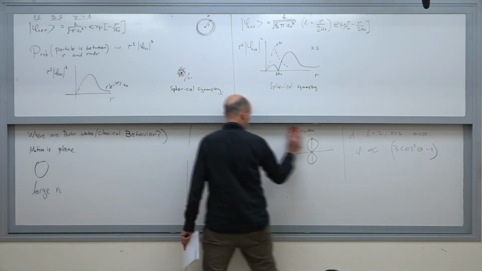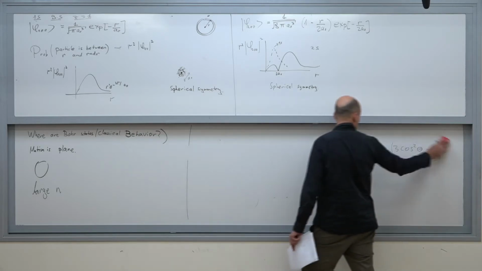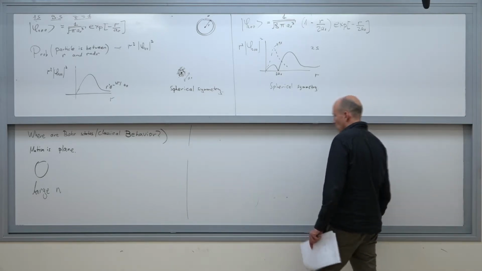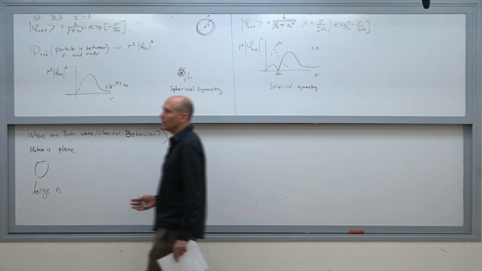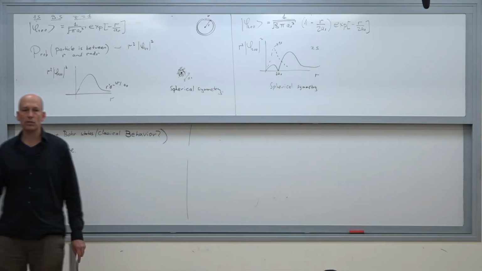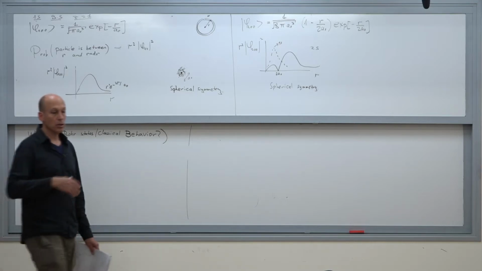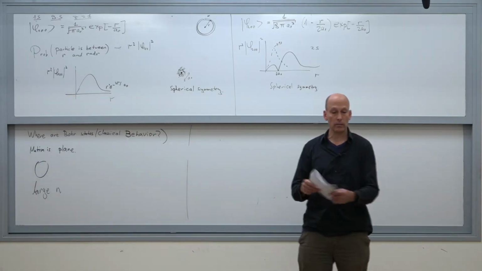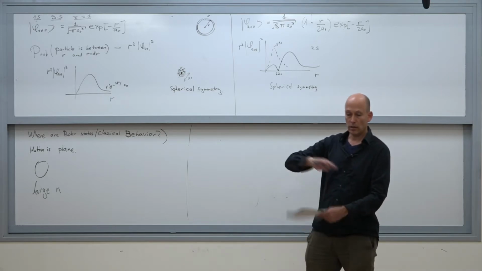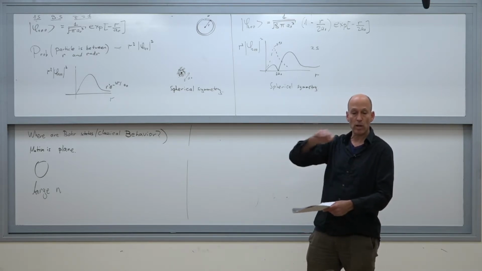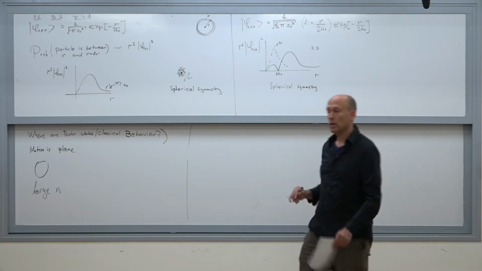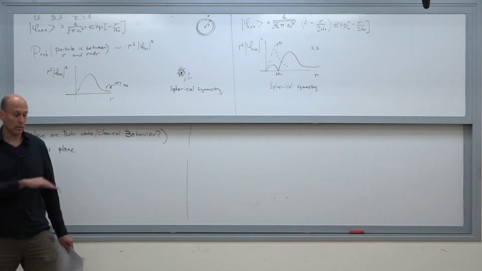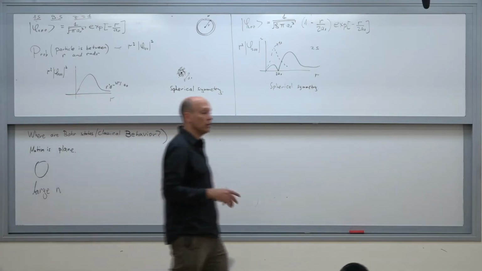But not only for large n. For a particular choice. So if I take n large, but I take L equals 0, what is the shape of the wave function? It's going to be symmetric. It's going to be like a complicated sphere like I showed you here. Here is in a plane, but it's spheres. One sphere, another sphere, another sphere. Because the wave function will not depend on theta and phi, and that means that you have spherical symmetry.